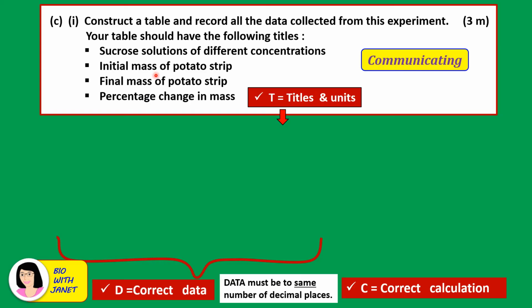Now try to draw up this table yourself, fill in the readings and do the calculation. So pause the video and try to draw the table. To be good in all these skills, for example in drawing tables, you have to practice drawing tables for biology experiments. Practice makes perfect. Okay, pause the video and try the question yourself.